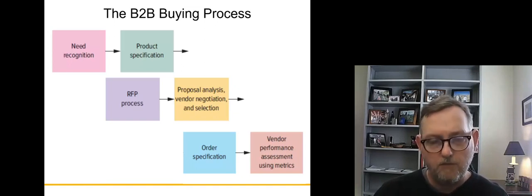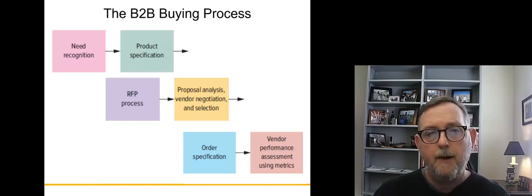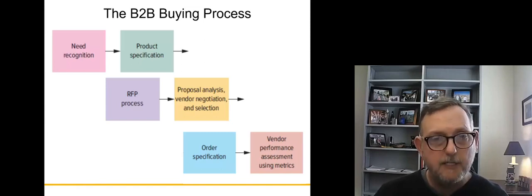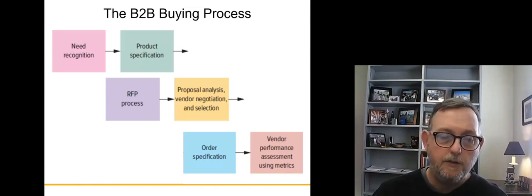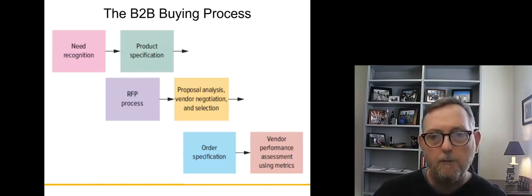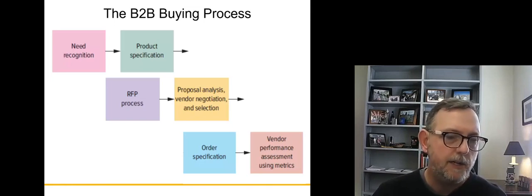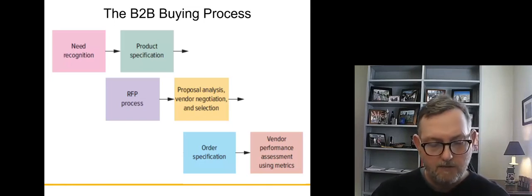The vendors provide those completed ones, and make an offer basically, and the proposal's analyzed. Then you do negotiations and make a selection of the vendor that you're going to use to make the purchase.